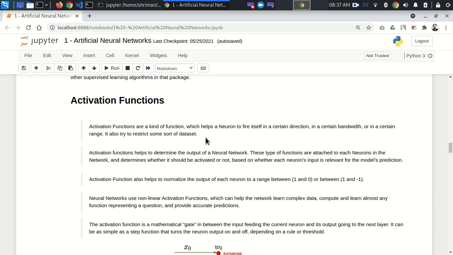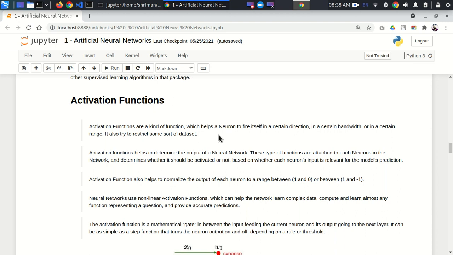The same thing is happening here. So activation functions are a kind of function which helps a neuron to fire itself. Whatever data is coming inside a neuron, if we are not going to do any specific operations inside that neuron, inside that node, then what is the significance of passing that data to those neurons, right?